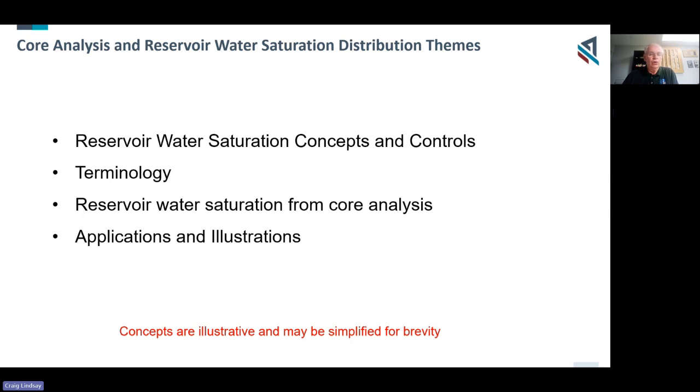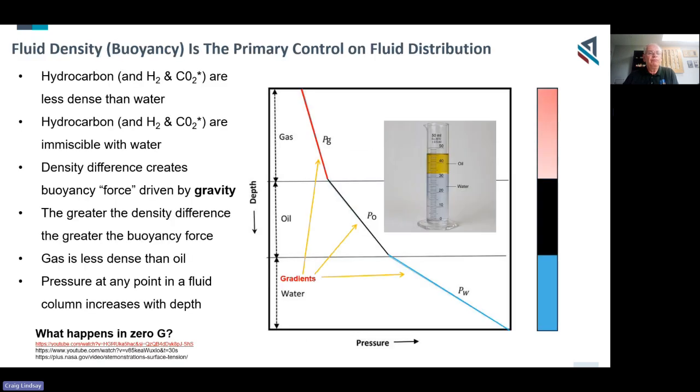Then we're going to look at the core aspects of that, how we can understand water saturation in a reservoir from core analysis, and we'll look at some applications and illustrations. I should note that I had to make things quite simple to make them explainable to everyone, just for brevity. In reality things can be more complex, but for our purposes today, they should be fit for purpose.